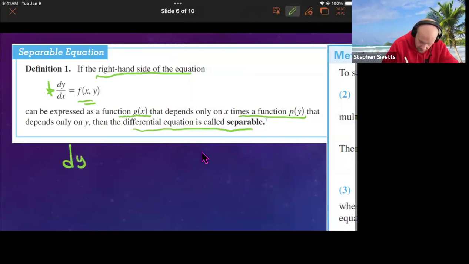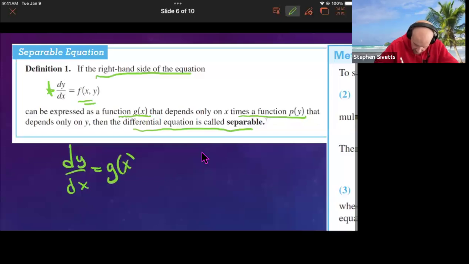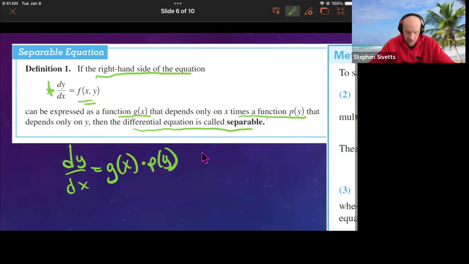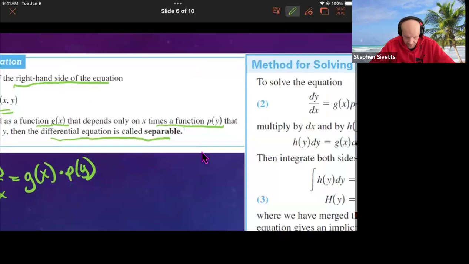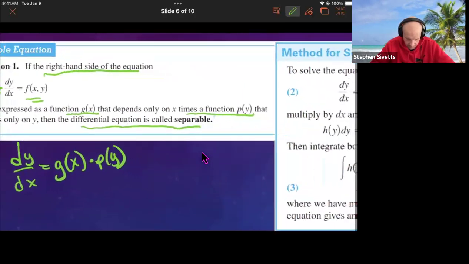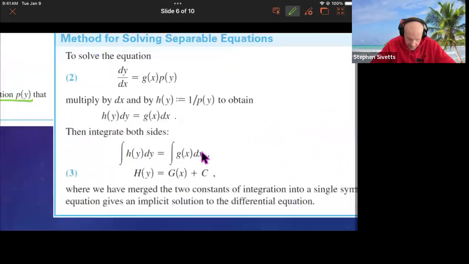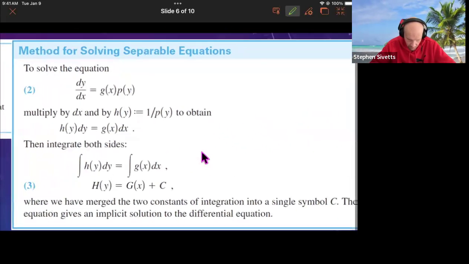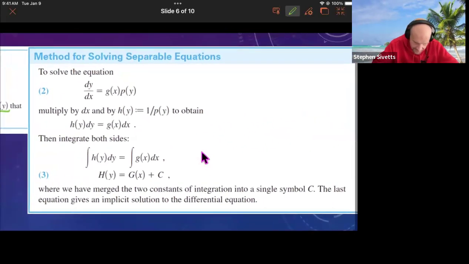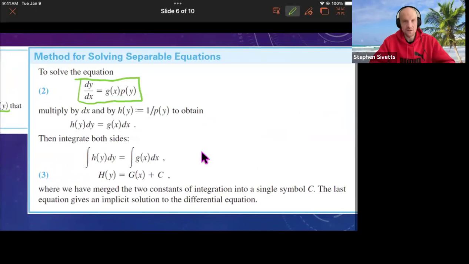So in other words, if you can express dy dx as a function of x times a function in y, then you can classify that differential equation as separable.